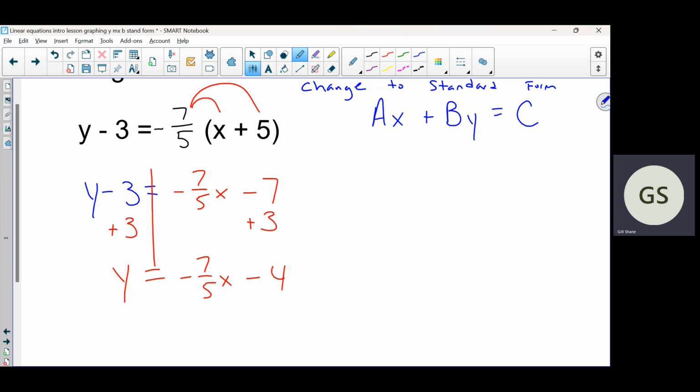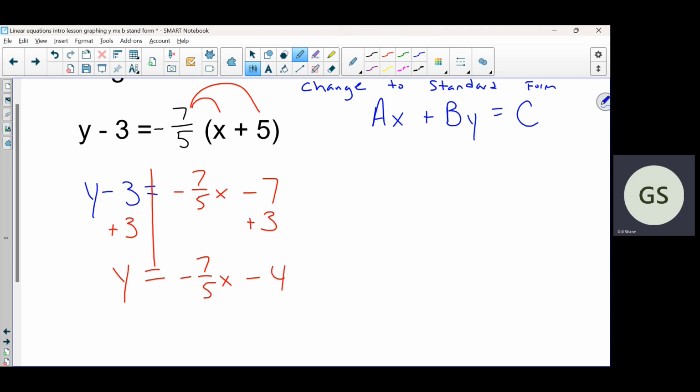All those steps are going to be exactly the same. You still need to get rid of the parentheses. You still need to get rid of the number after the y, subtracted or added. That's a different form. What we did before was slope intercept form.